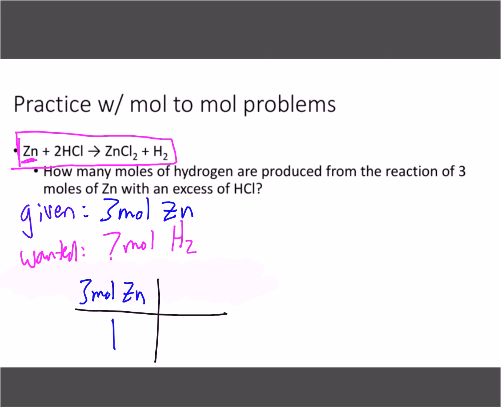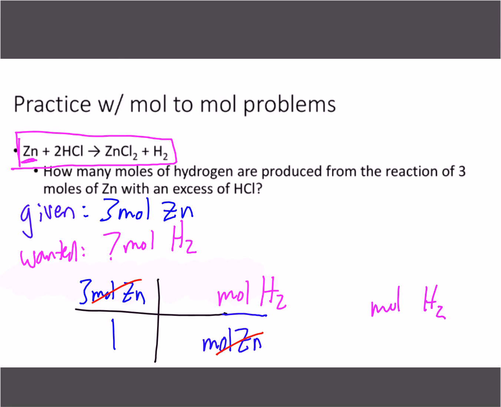And I'm trying to get to what? Moles of H2 in the end. Okay? Where does zinc have to go? On the bottom, because we're trying to get rid of moles of zinc. On the top, my unit would be moles of H2.